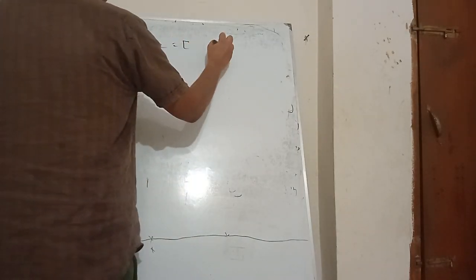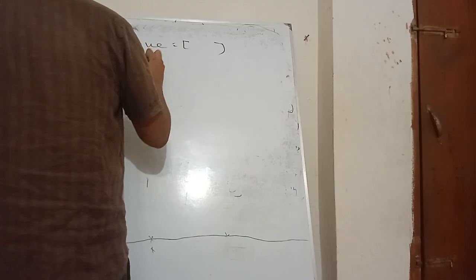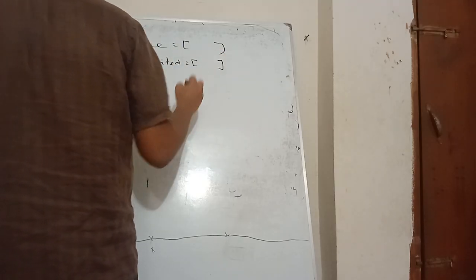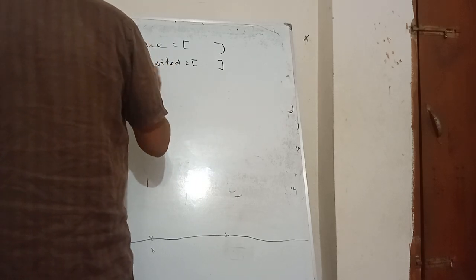This is the queue we use for BFS. This is the visited list we maintain to avoid cycles or duplicacy.